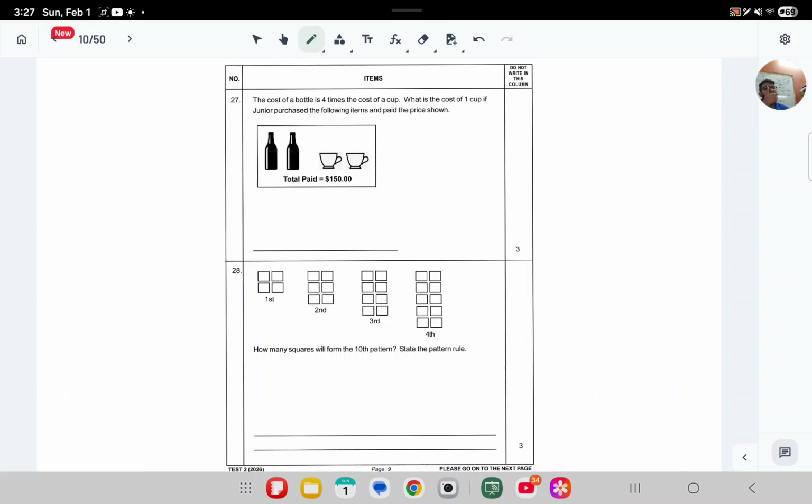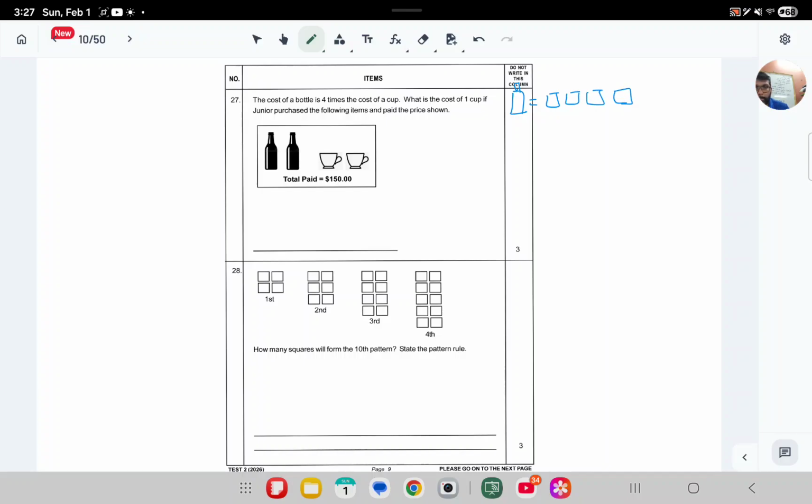Number 27. The cost of a bottle is 4 times the cost of a cup. What is the cost of 1 cup if Junior purchased the following items and paid the price shown? Alright, so they said the cost of a bottle is 4 times the cost of a cup. So basically, one bottle is 1, 2, 3, 4 of these cups.